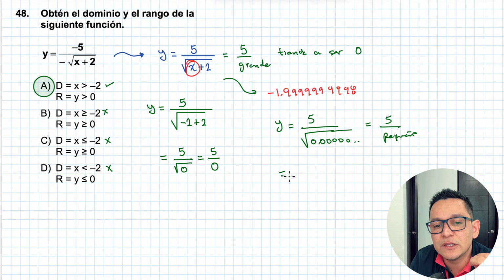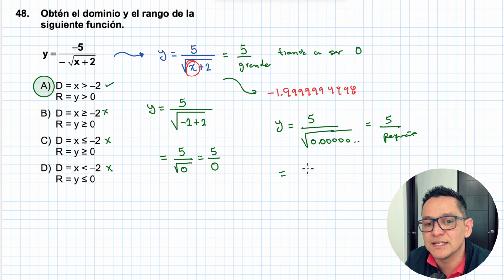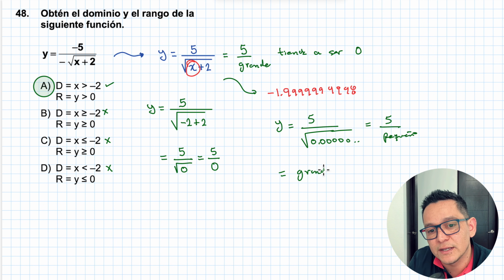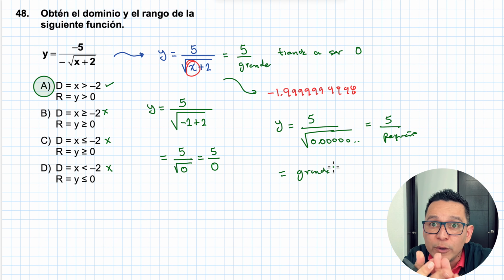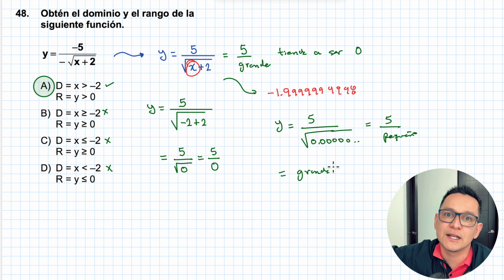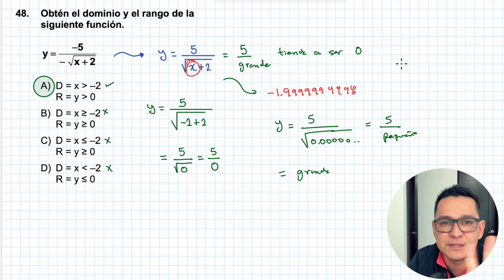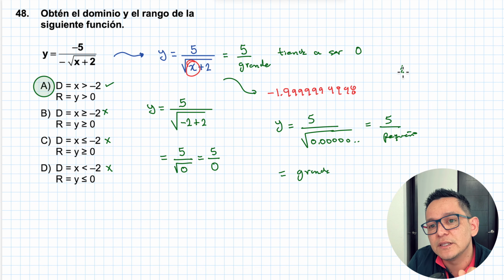And what happens if I divide 5 by an extremely small number? Well, the result tends to be large. When I divide a number by a very small number, the result is huge. For example, think about something very simple. What happens if you divide 1 by a really tiny number, like 1/100th?